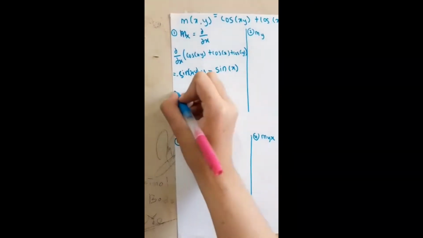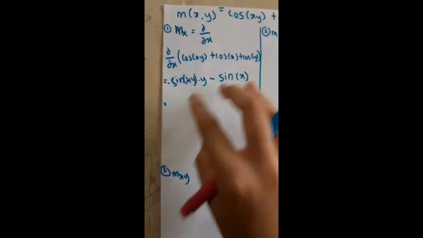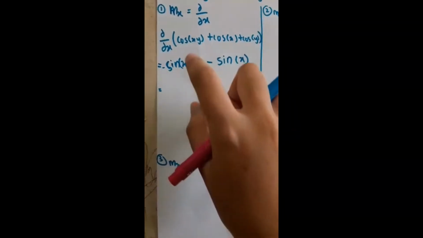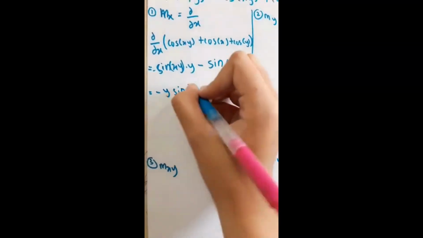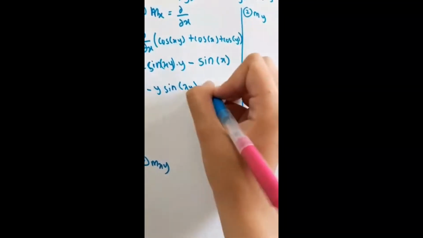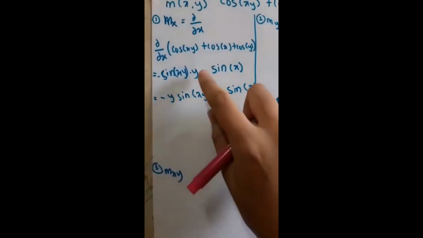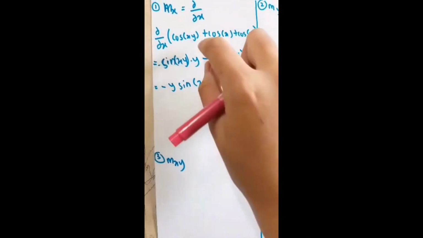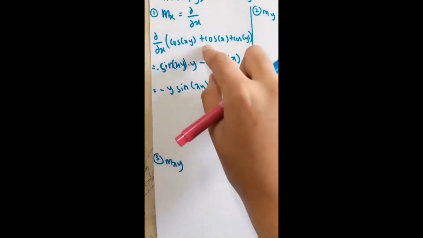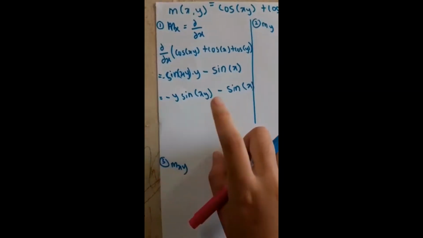Rearranging, we get negative y sine xy minus sine x. I put it negative because when we differentiate cos, we get a negative sign. So this is the final answer for number 1.